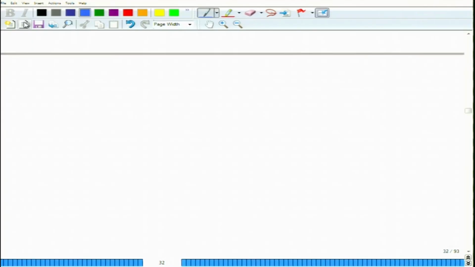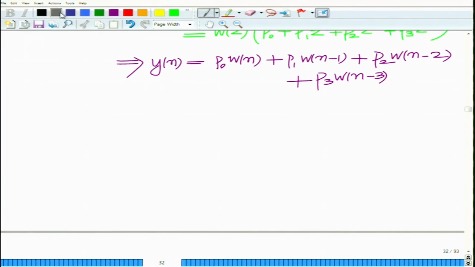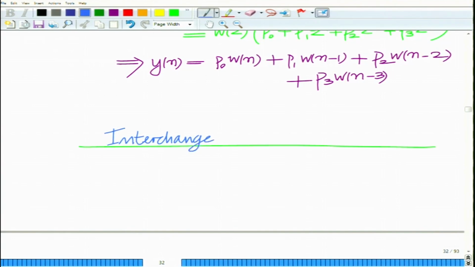So, what we are going to do again here is we will interchange branches and merge the common delays and adders, okay.